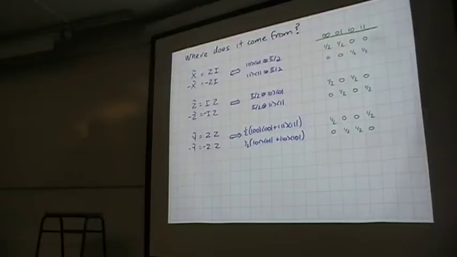And those of you who've worked in foundations for a while would recognize these as Rob Spekkens' toy bits from his toy theory. So basically the toy bits of Rob's toy theory are the eigenstates of these blind stabilizers as mixed states.